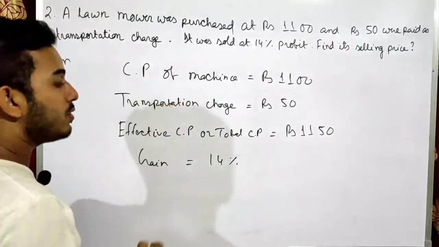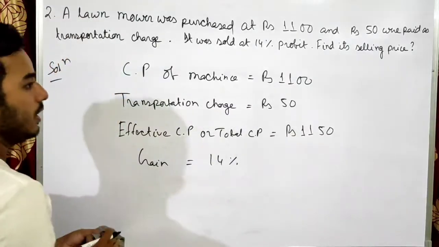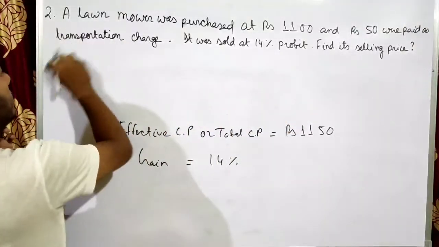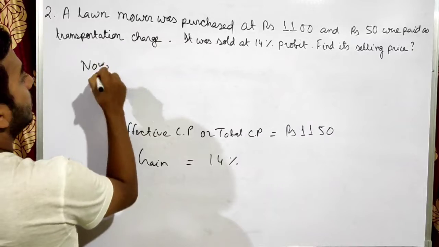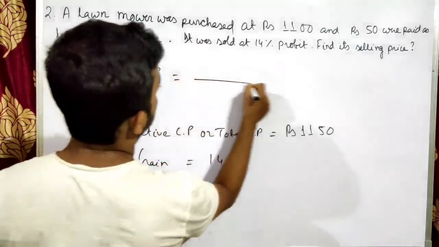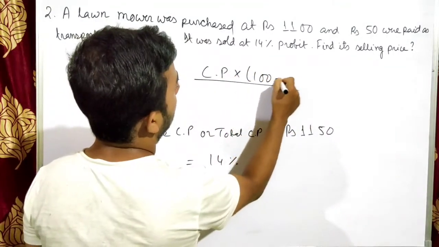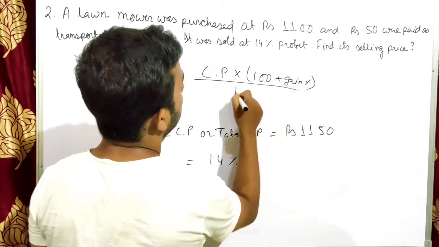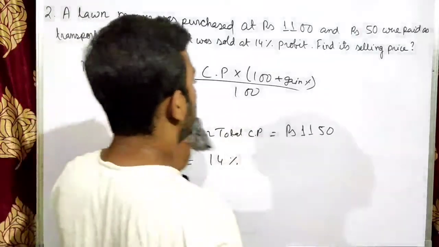Now we have to find SP, sorry, we have to find out SP. SP equals CP into 100 plus gain percent divided by 100. Okay, so here CP is 1150, isn't it?